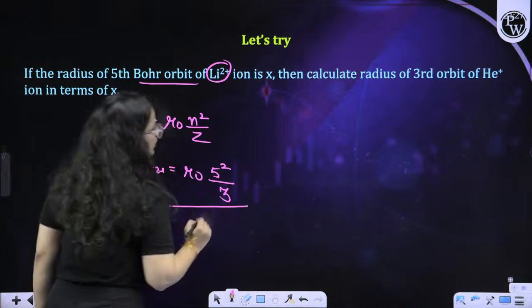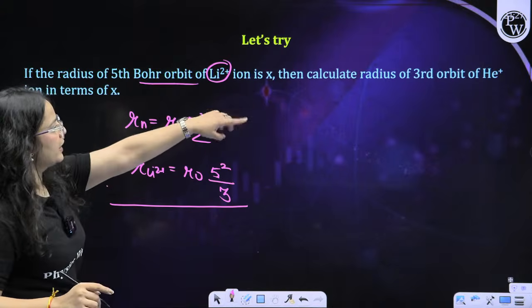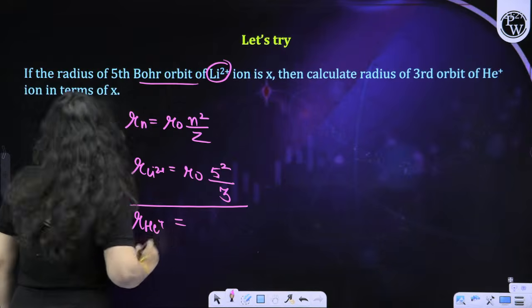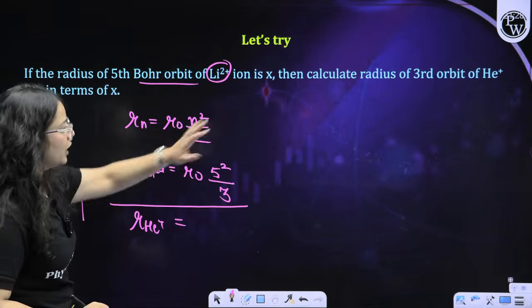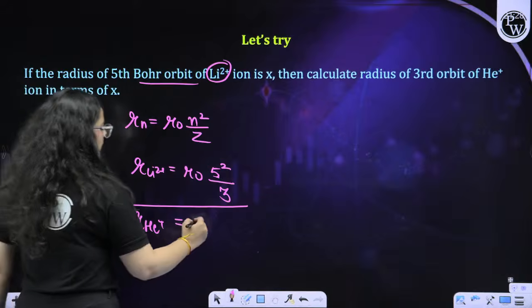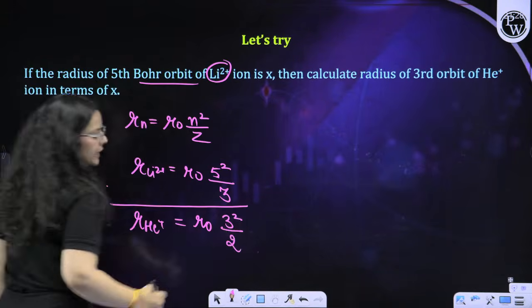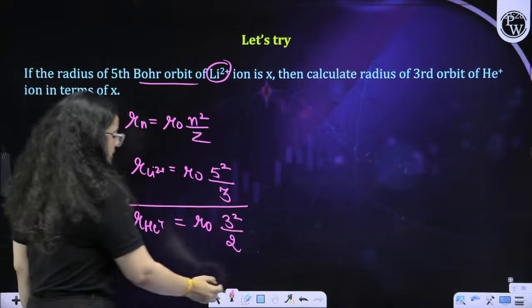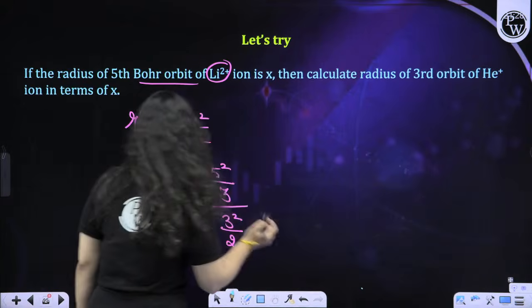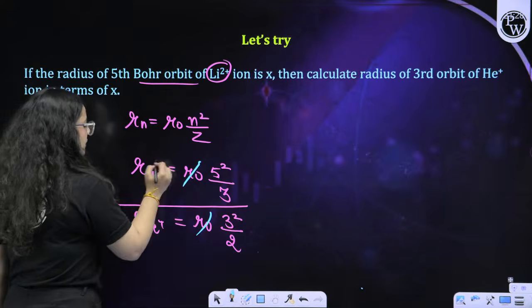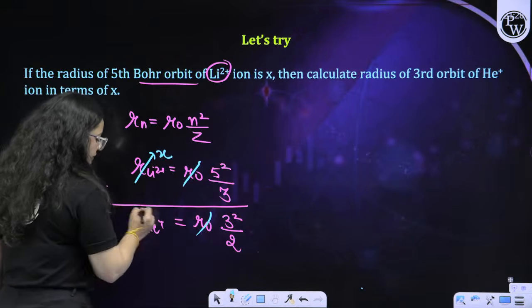I am taking the ratio to calculate the radius of third orbit of helium. Third orbit of helium is 3 square, and for helium the value of Z is 2. Just simply write the values; r naught is cancelled. Radius of lithium given to you is x, and you just have to find this.